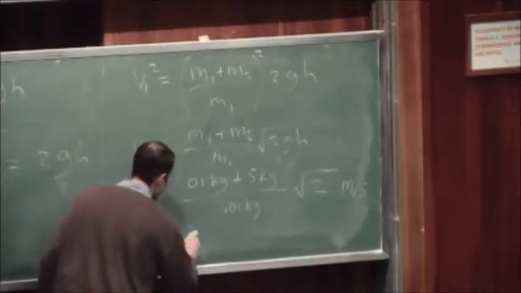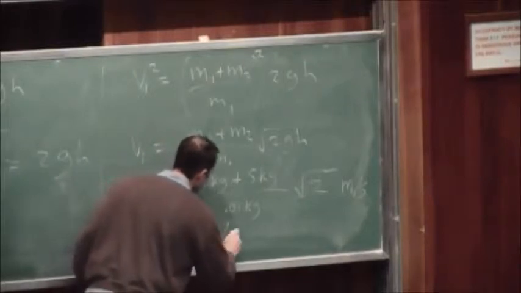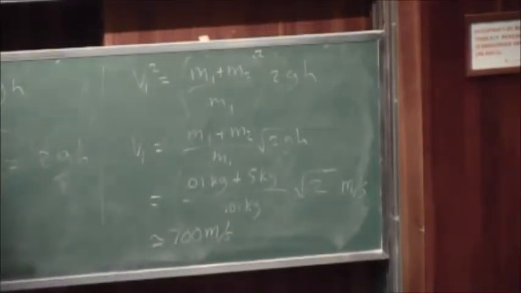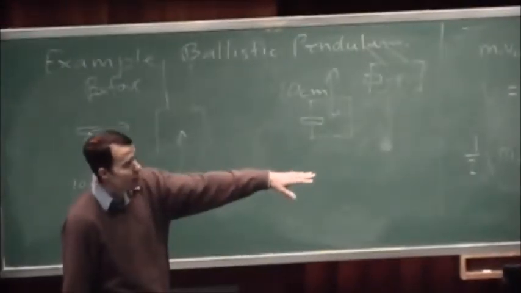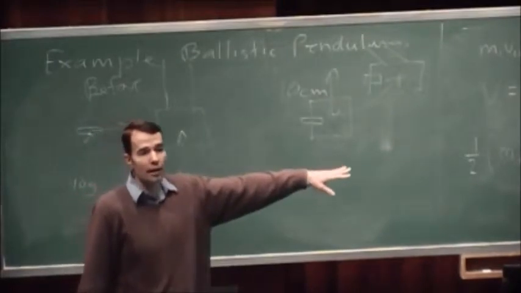So that 10-gram bullet, causing that 5-kilogram block to rise by 10 centimeters, had to be moving around 700 meters per second in order to do that.